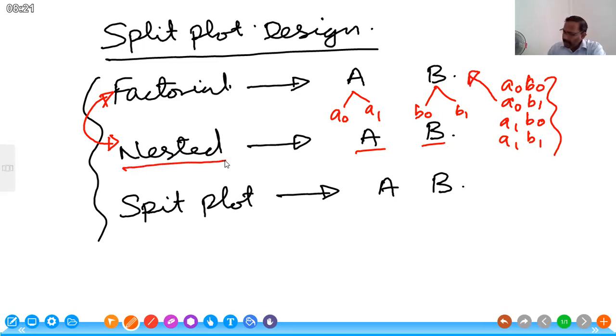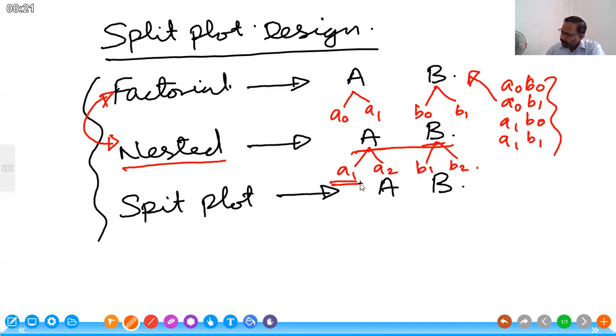In the nested design, yesterday we have seen all the combinations are not possible. Because here A1, A2, B1, B2.